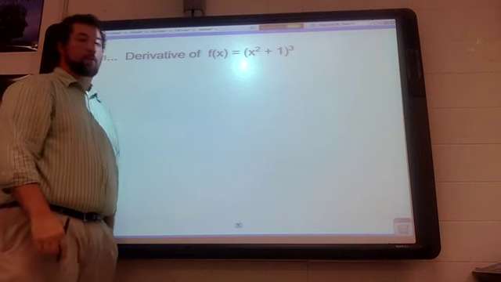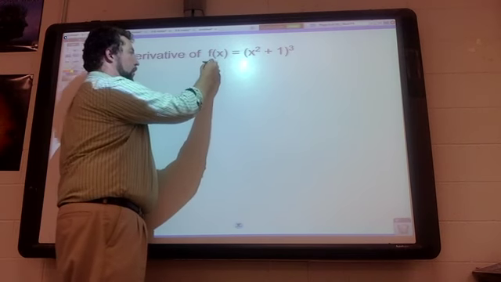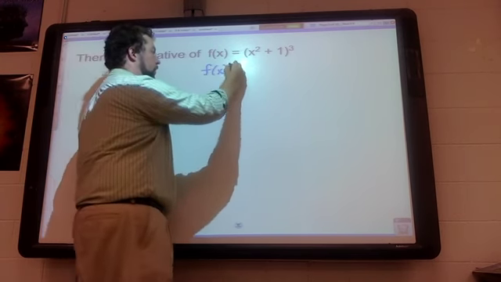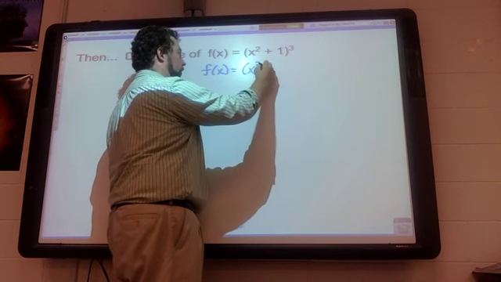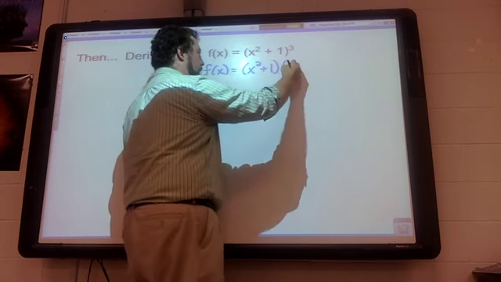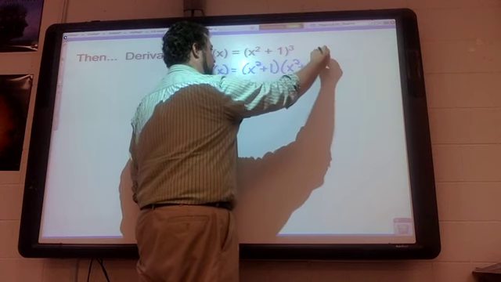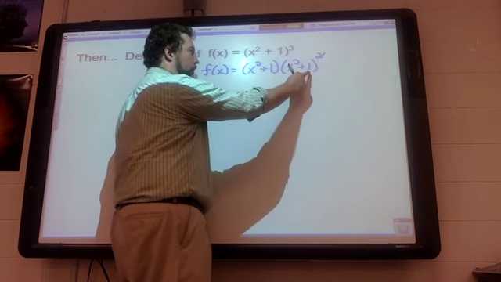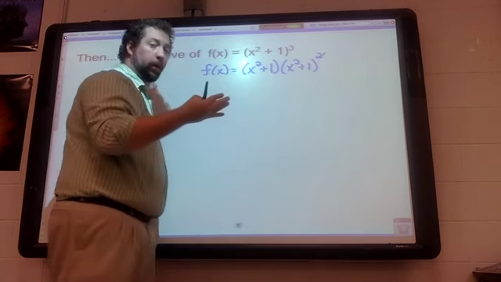Let's go to x squared plus 1 to the third power. Alright, so we can rewrite that as x squared plus 1 times x squared plus 1 squared. We just took the derivative of that, so we're going to use a product rule again.